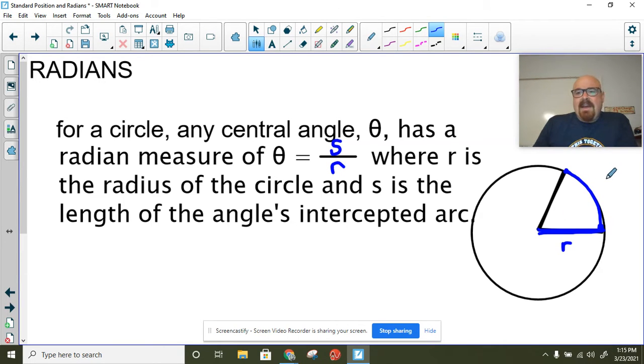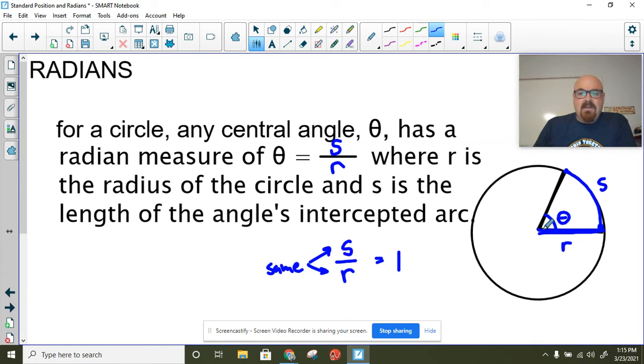If that's S, so if I had S with the same value as R and I put them in a fraction like so, what do you get when you have the same number on the top and bottom of a fraction? You get a value of 1. So this angle, by my best freehand drawing, is 1 radian.